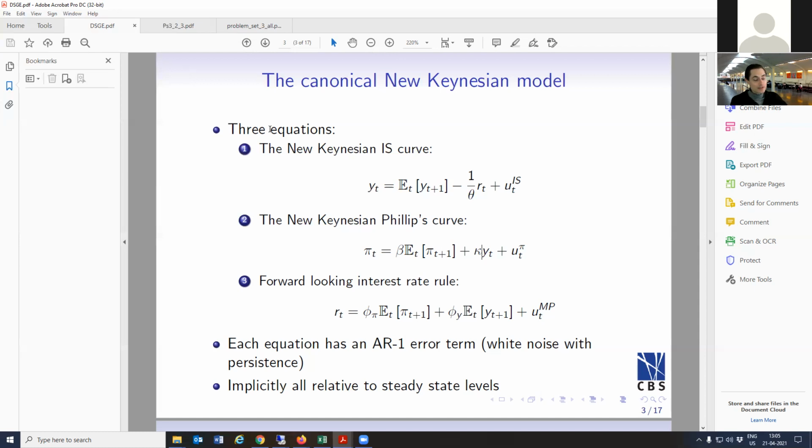Now the difference here is that we only have one type of person. Since there's only one type of person, it's a natural outcome of the assumption that we began with, that everybody's the same, that there's only one type of agent. Note here a difference with some of the models we looked at earlier.